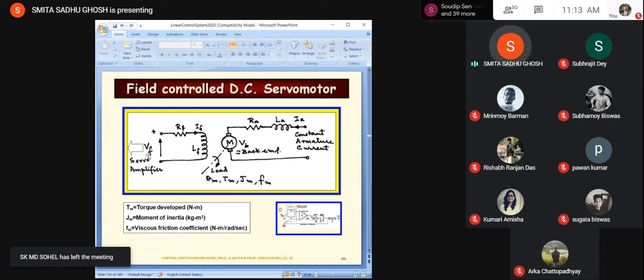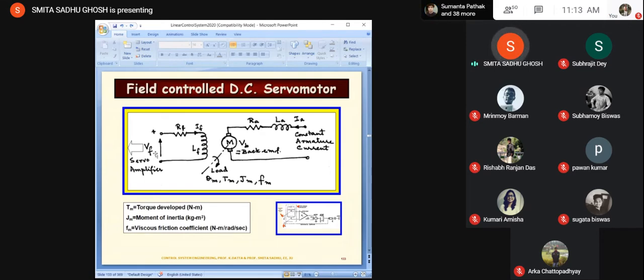So the arrow in this diagram is indicative of the fact that this side is connected to the servo amplifier, nothing apart from that. So now the servo amplifier is giving you the control signal to the servo motor.